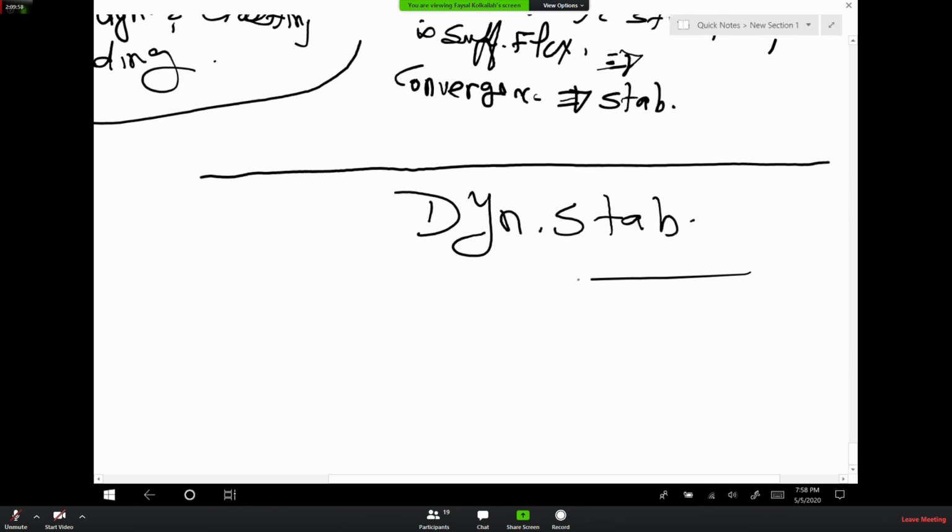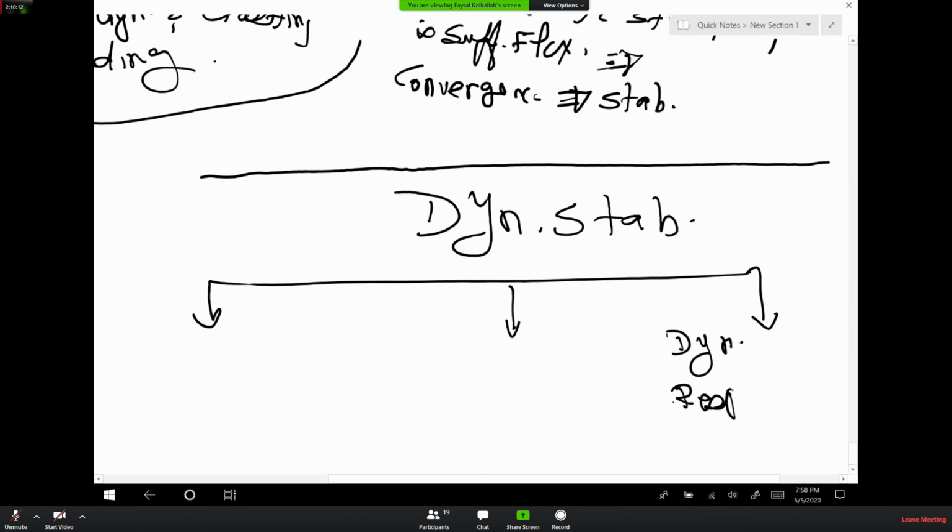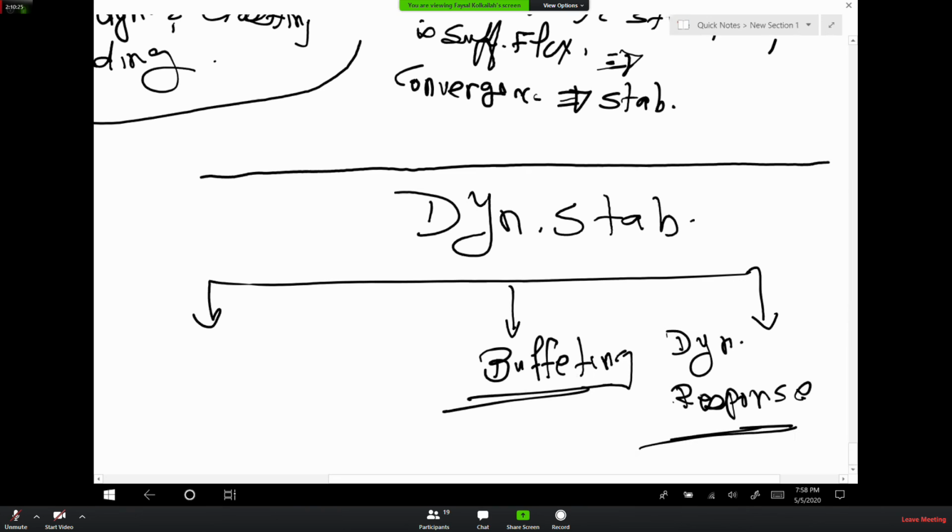And in there are again three subtitles. The dynamic response, there is buffeting, but really my subject, which is the most important one, is right here, and it is the flutter.